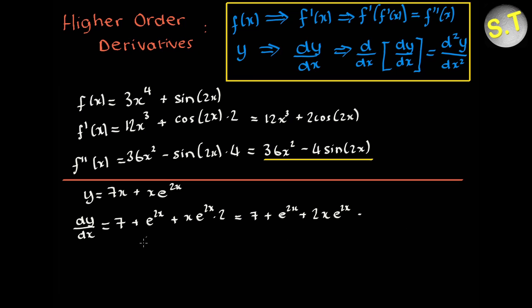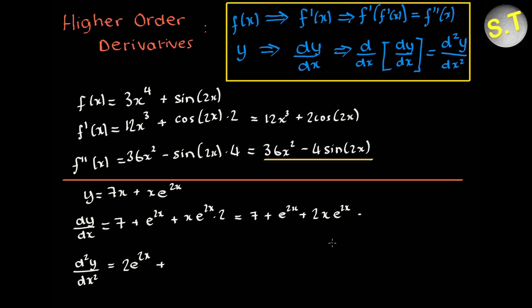So then if we want to take the second derivative of this function, we would have d2y by dx squared, which means the second derivative of y with respect to x. Then using the sum rule again, we have the derivative of 7, which is 0, plus the derivative of e to the 2x, which again using the chain rule is 2 e to the 2x, plus the derivative of 2x e to the 2x.